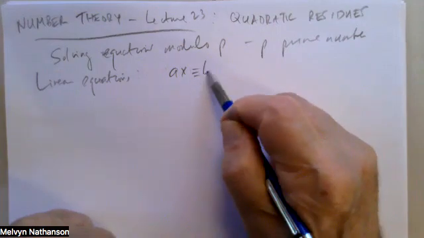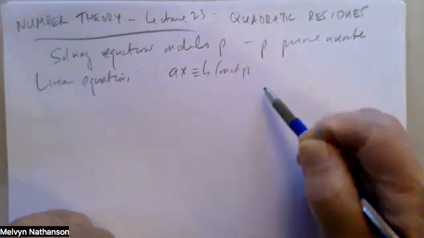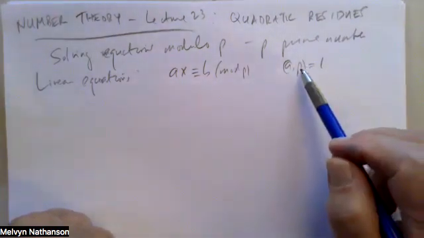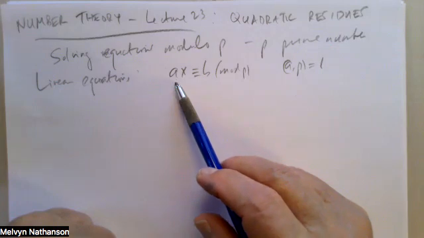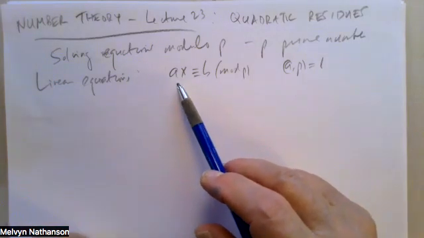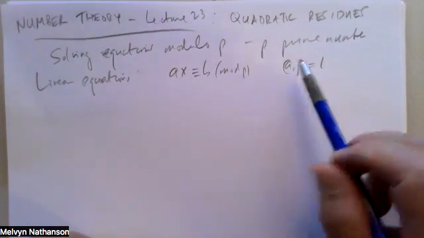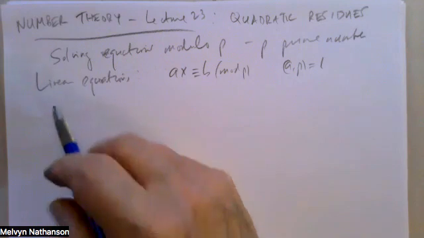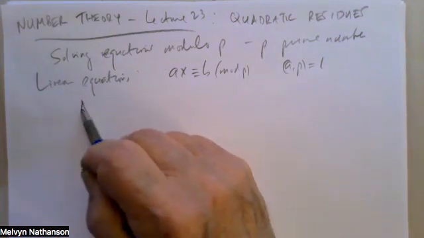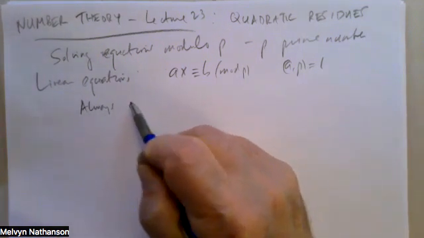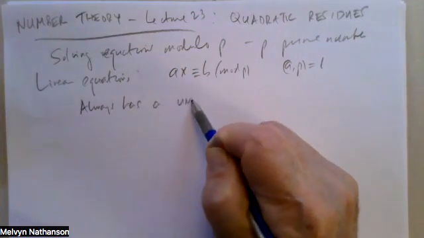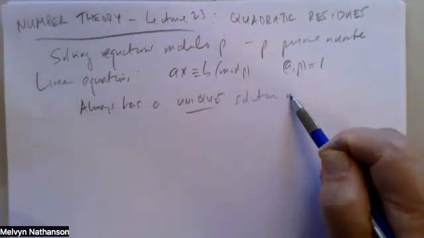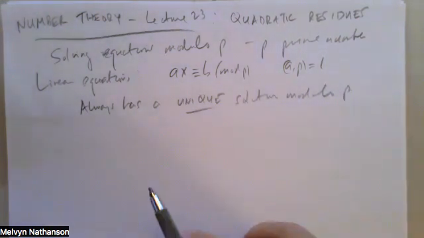If you have ax congruent to b mod p, and a and p are relatively prime (if a and p were not relatively prime, a would be 0 mod p, and you wouldn't have an x term at all), so this is only a linear equation if a is not 0 mod p, and this linear equation always has a unique solution modulo p.